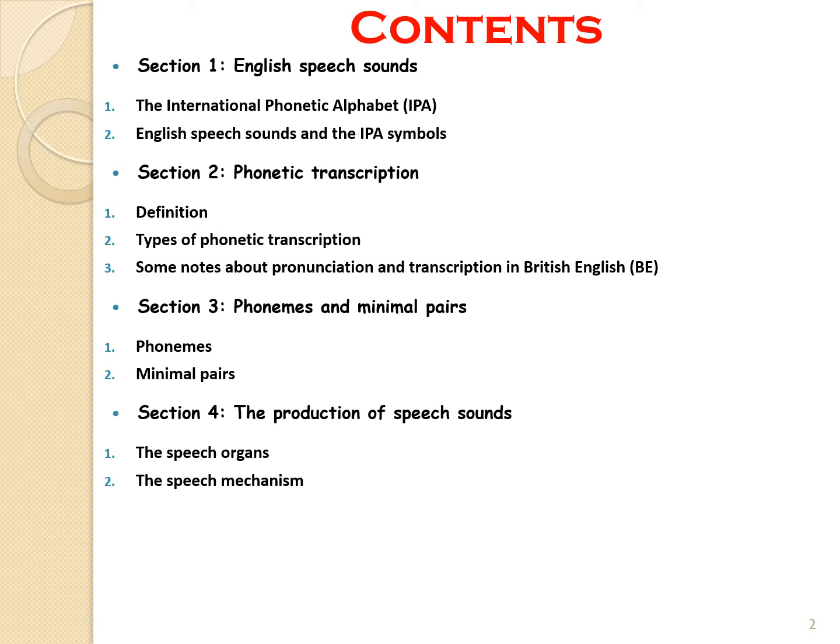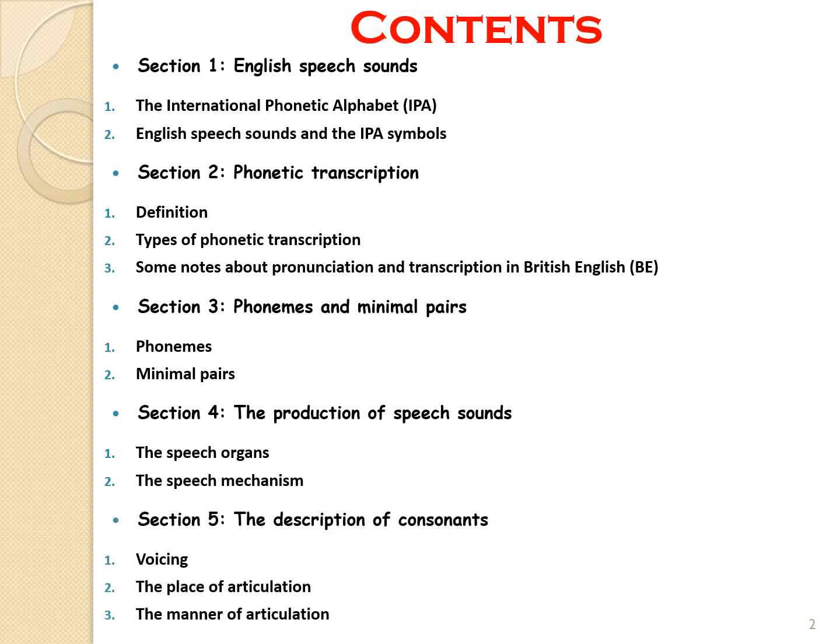What do we do when we produce a speech sound? Then the last section will be devoted to the description of consonants. There are 3 criteria that are involved in the description of consonants, namely voicing, the place of articulation, and the manner of articulation.